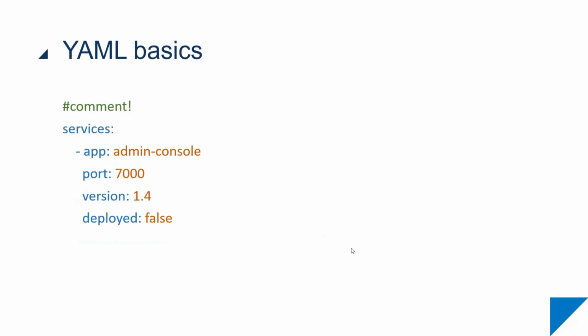If we look at the YAML basics, then this is the most minimal one that we can define. Here you see a list of services with one entry in it. That's basically a key value pair, actually. And in there, you can define it in different ways.